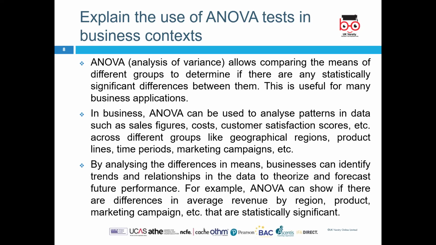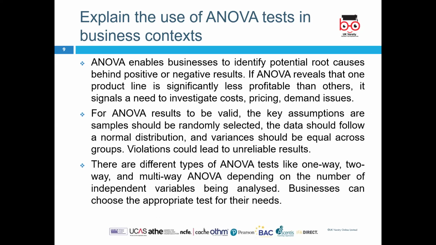By analyzing the difference in means, businesses can identify trends and relationships in the data to theorize and forecast future performance. For example, ANOVA can show if there are differences in average revenue by region, product, or marketing campaign that are statistically different. By analyzing the results, you can make decisions about these data points.